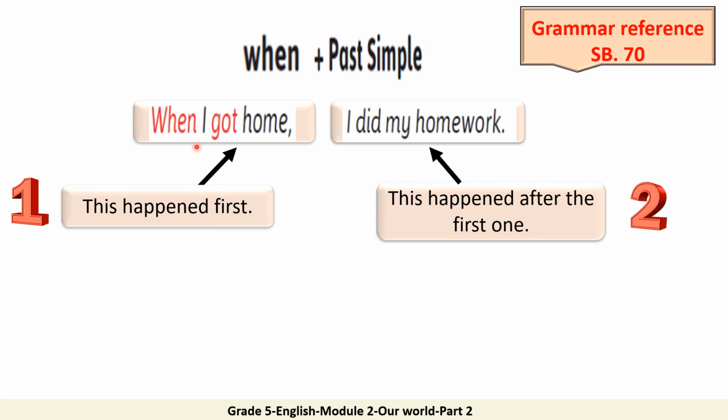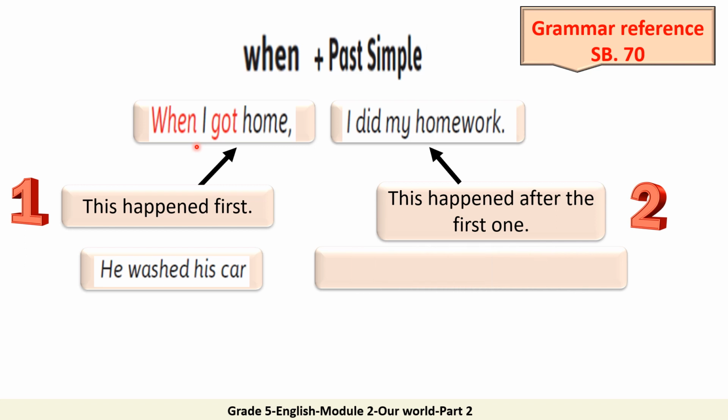Look at the coming example and tell me, what do you notice? He washed his car when he arrived home from work. Excellent! When here is used mid-sentence. But the time and the order of action is still the same.